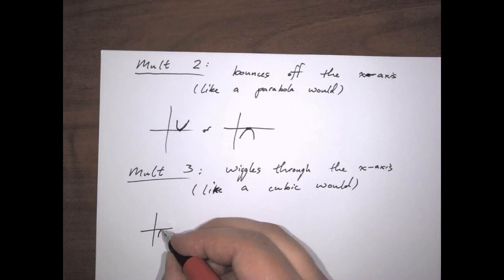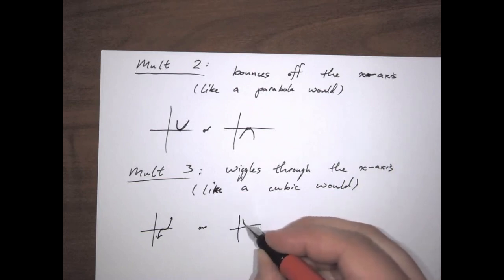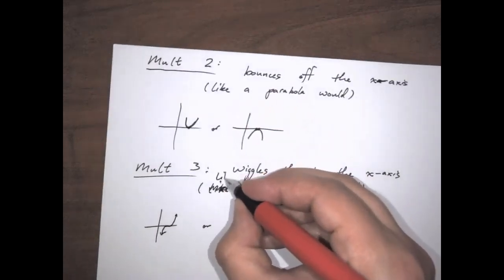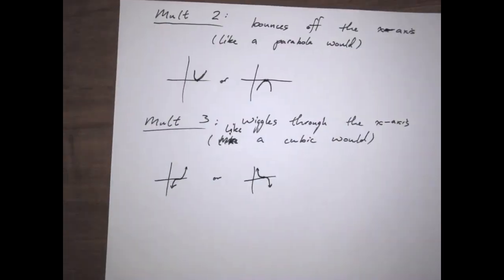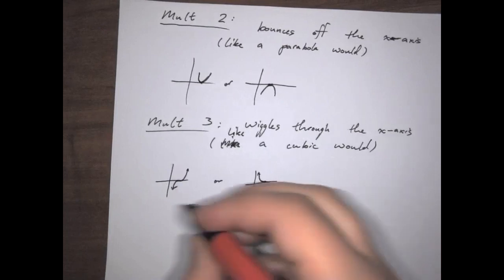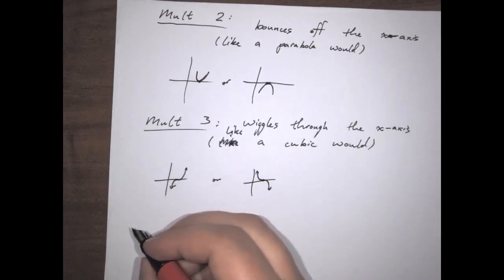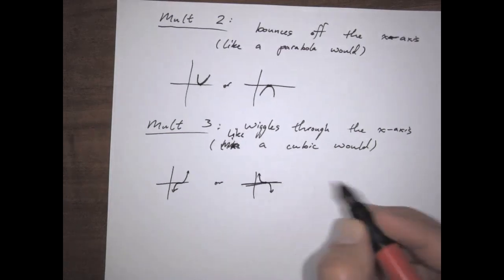So it's either going up and up like that, or it's going down and down like that. So it looks like x cubed, or maybe negative x cubed. So in other words, the multiplicity makes the function look like that particular power function at that particular point.